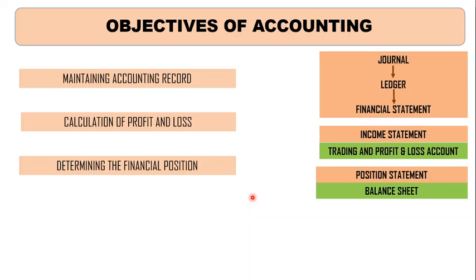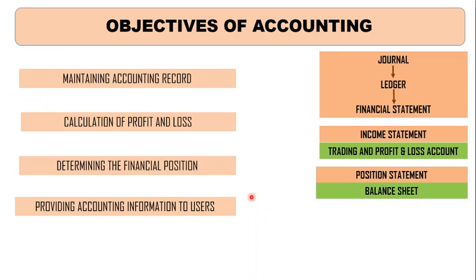Okay, so besides that, another objective of accounting is to provide accounting information to the users. Fine. Providing accounting information here means the end users of the accounting information are shareholders, bankers, financial institutions, your suppliers, those who have sold you goods on credit basis.